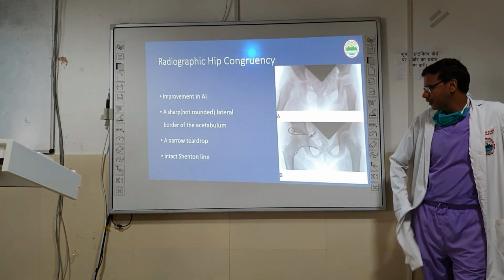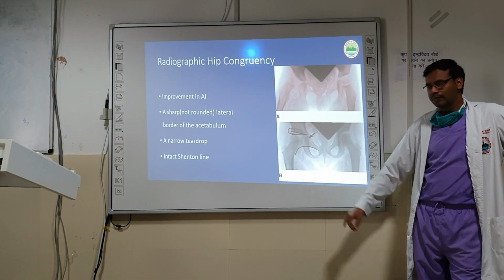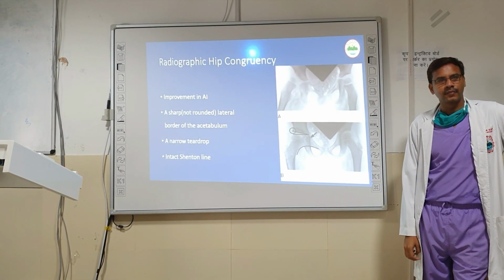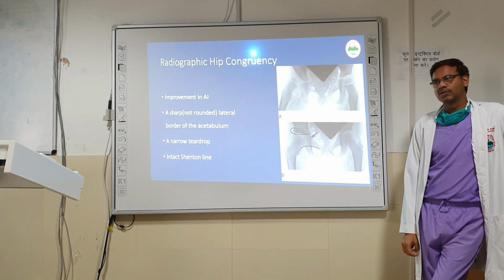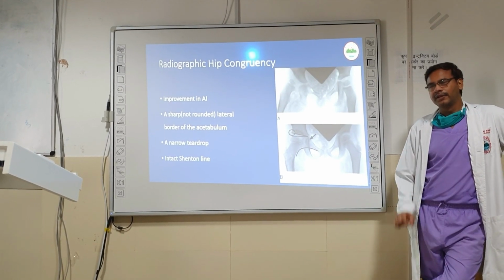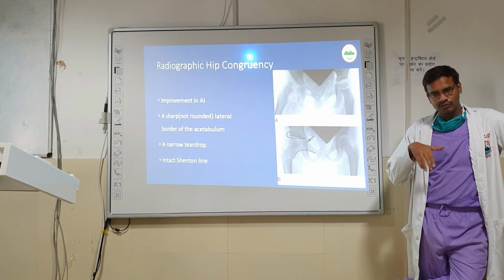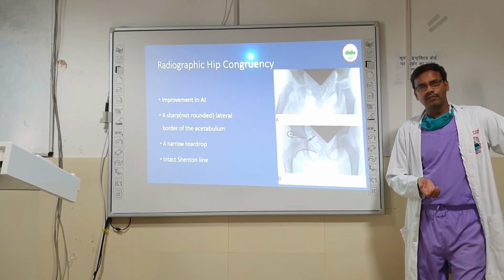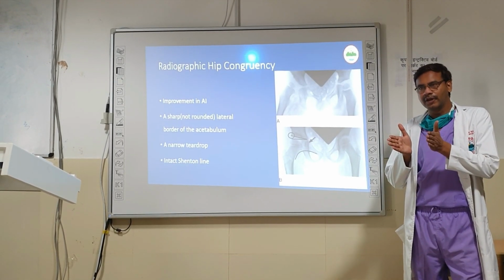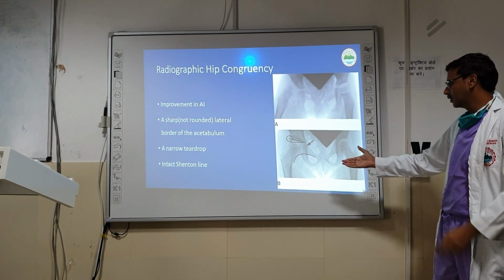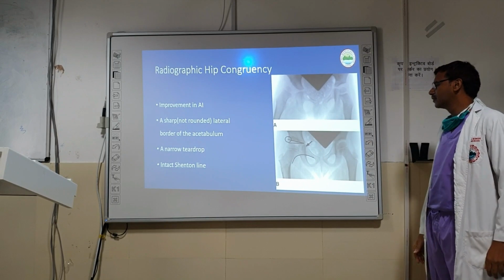So the lateral boundary of the teardrop is formed by the medial wall of the acetabulum. So if the acetabulum is not developing nicely, the teardrop will be broader. So as you do serial X-rays, there will be narrowing of the teardrop. So you should look for it. And Shenton's line, of course, should be intact. Next.